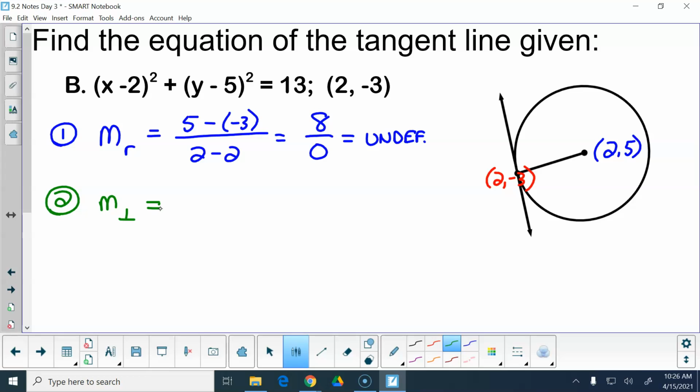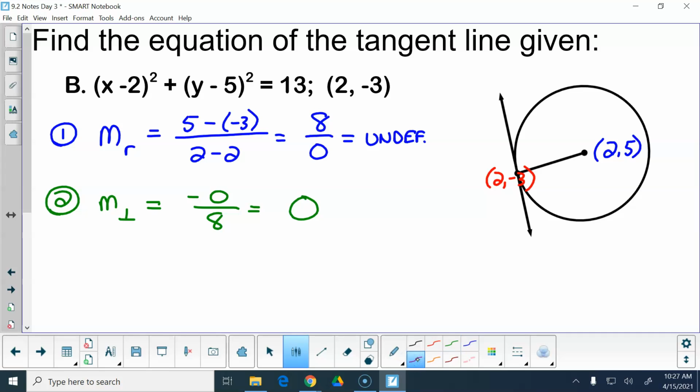So if it's 8 over 0, the opposite reciprocal would be negative 0 over 8. What is negative 0 over 8 reduced to? Just 0. So my perpendicular slope is 0.